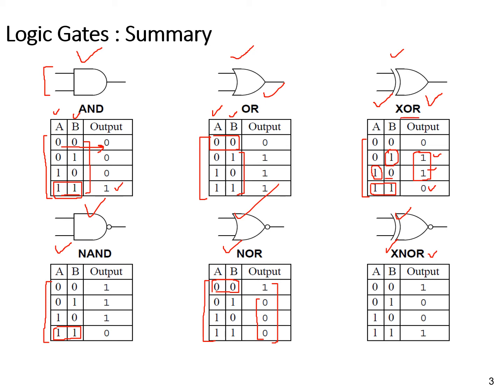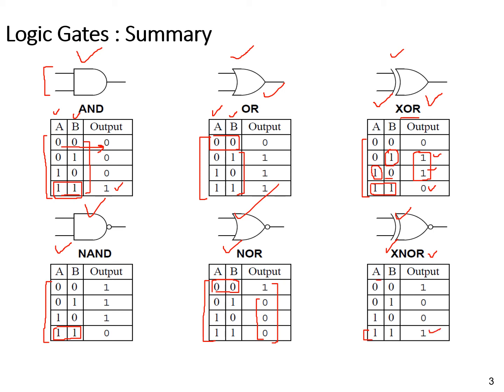As I mentioned earlier, the XOR gate is also called an odd gate. So this XNOR gate is also called an even gate because it recognizes the inputs in which the number of ones is even. You can see here the number of ones is 2, so it recognizes that.